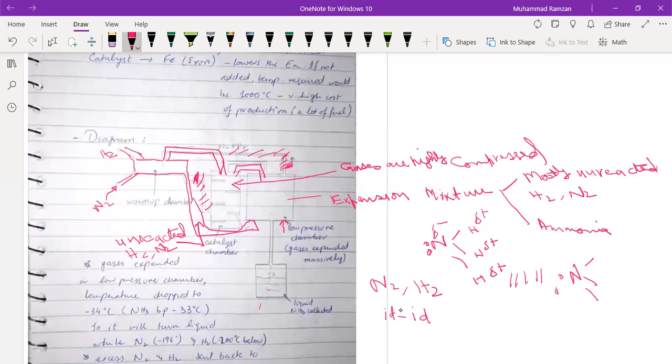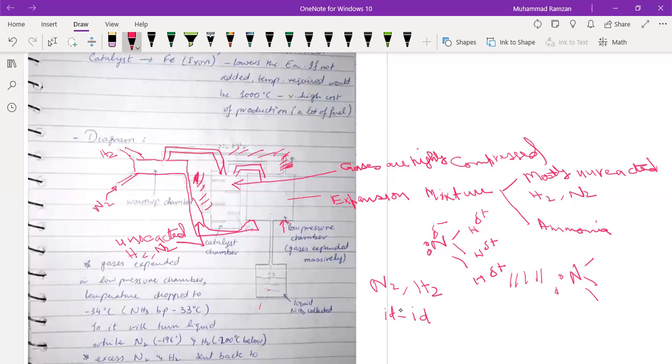While expanding, the temperature of the container drops to about minus 34, but the N2 boiling point is minus 196 degrees centigrade, and H2 is about minus 240.